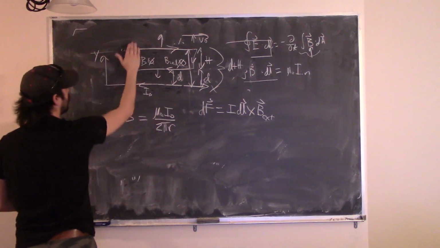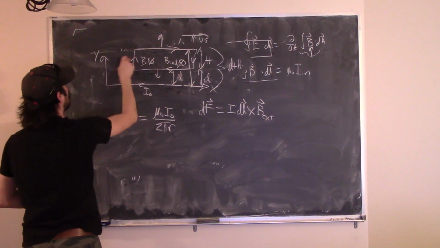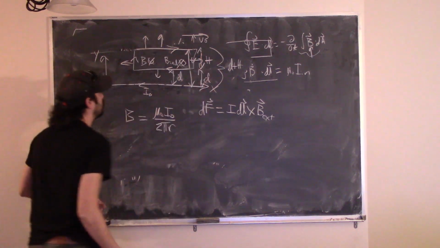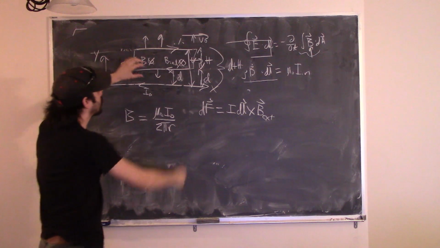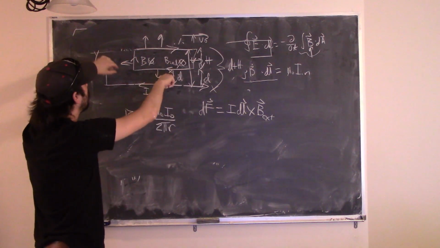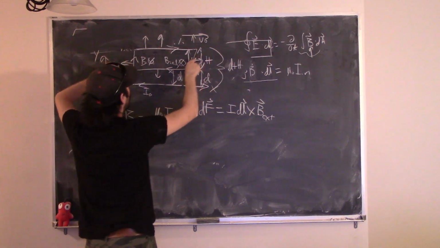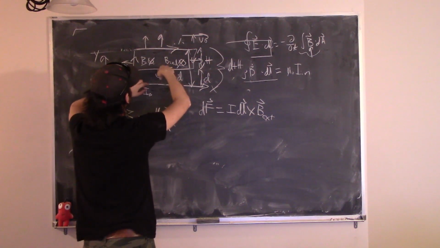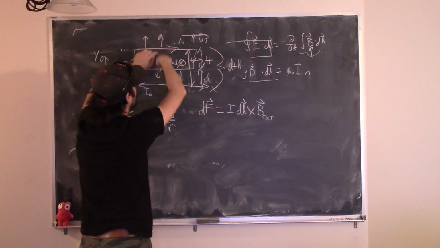I can do that for every side here. So this one's going to point up. This is going to point this way. And so what's the force acting on this loop going to look like? Well, it's going to make this loop want to expand, right? Because all the forces acting on this loop are going to cause this to expand.